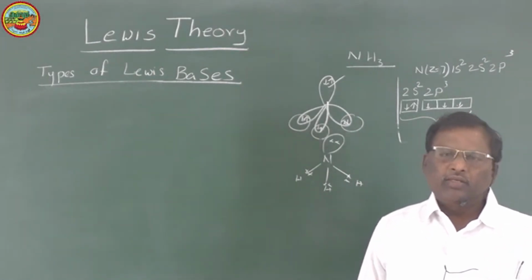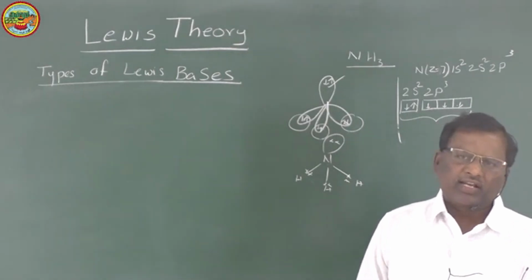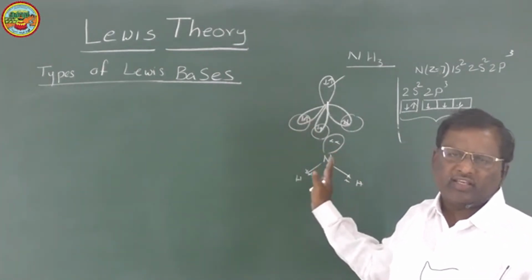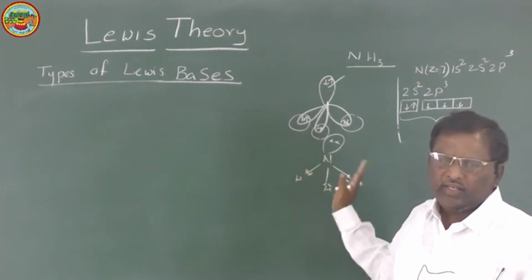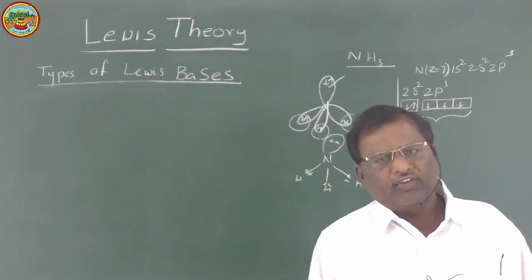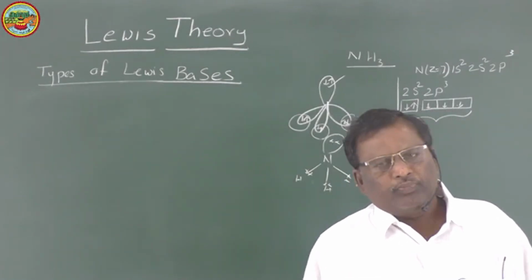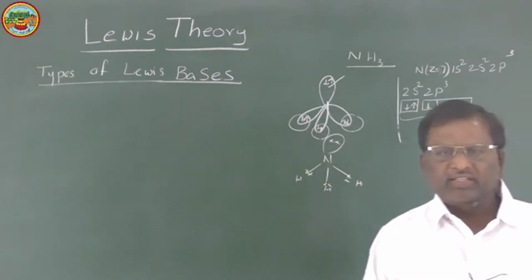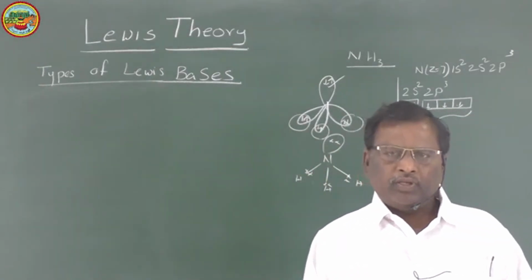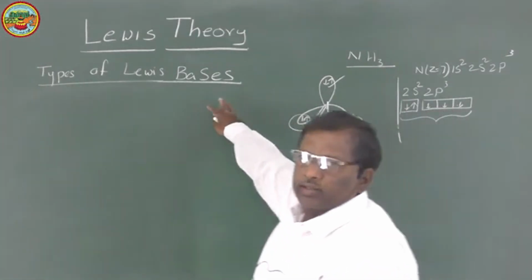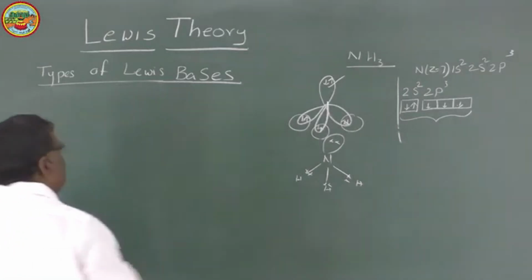The third category is compounds containing double bonds other than carbon-carbon double bonds. When such species approach NH3, there will be a possibility for the donation of the lone pair of electrons, so that NH3 is considered a base and the other species will be considered an acid. Now, like Lewis acids, we can also classify the bases into 3 types.